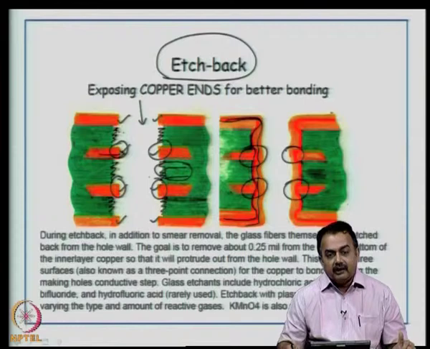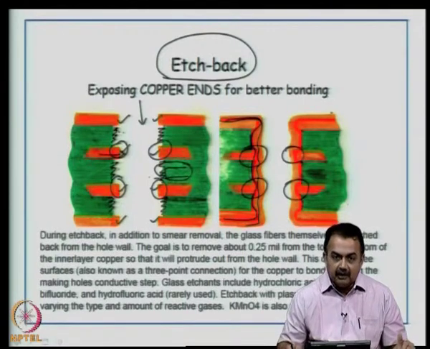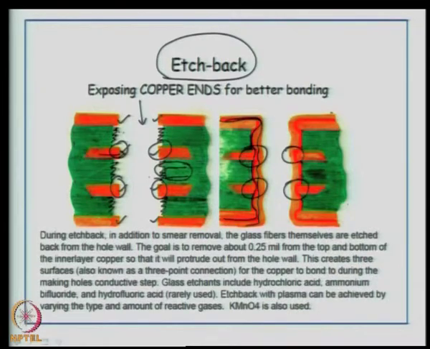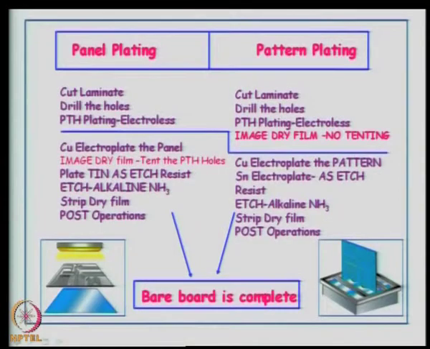The etch-back is done using plasma etch-back with CF4 plus oxygen in a plasma chamber, or you can use KMnO4, potassium permanganate, to remove this epoxy glass material to the required depth. So, this is a key process in the reliability of a multi-layer printed wiring board.